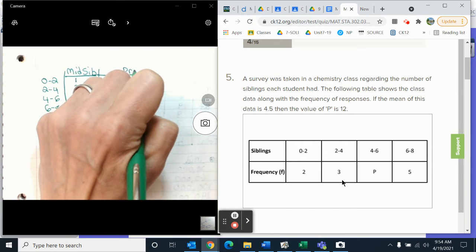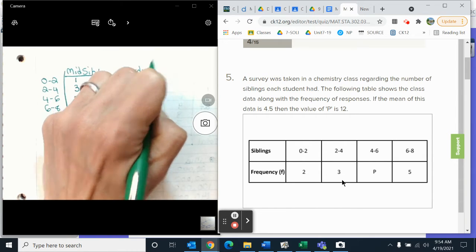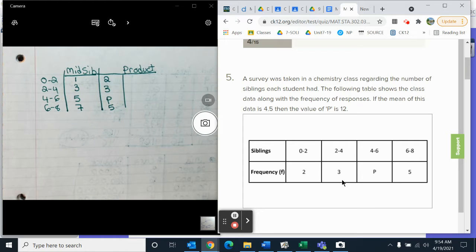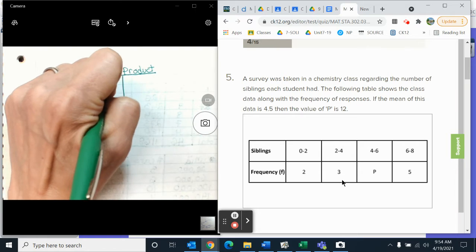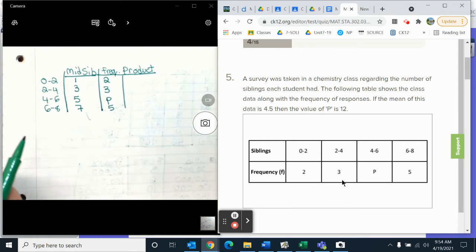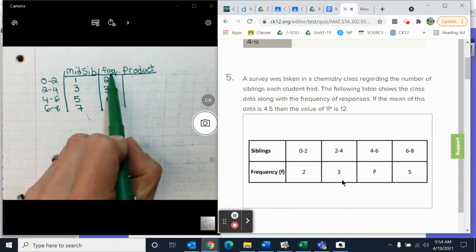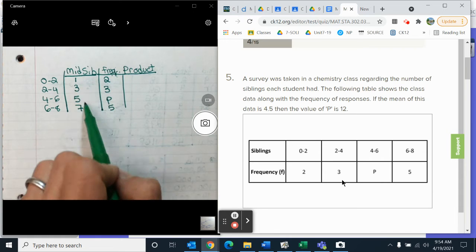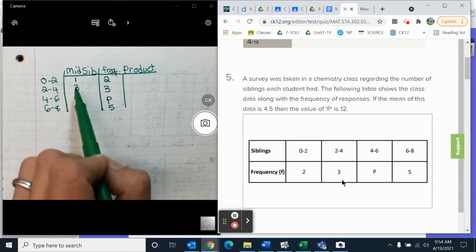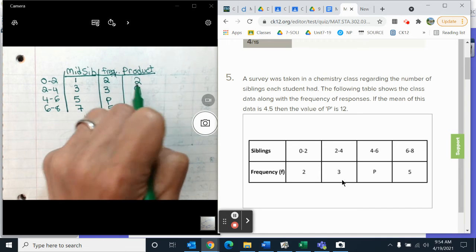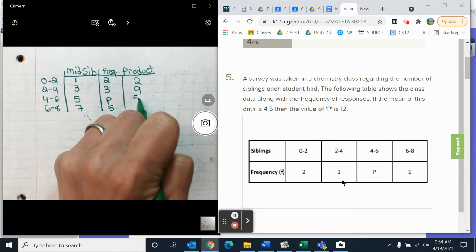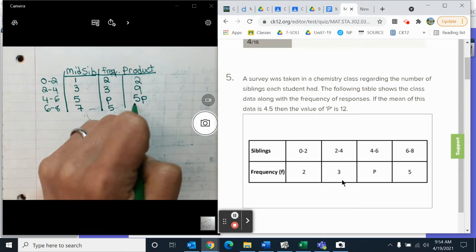Now the product, let's find the product of all of our siblings, the mid number of siblings, times their frequencies. So the number of chemistry students that have these number of siblings. 1 times 2, 3 times 3, 5 times P, and then 35.